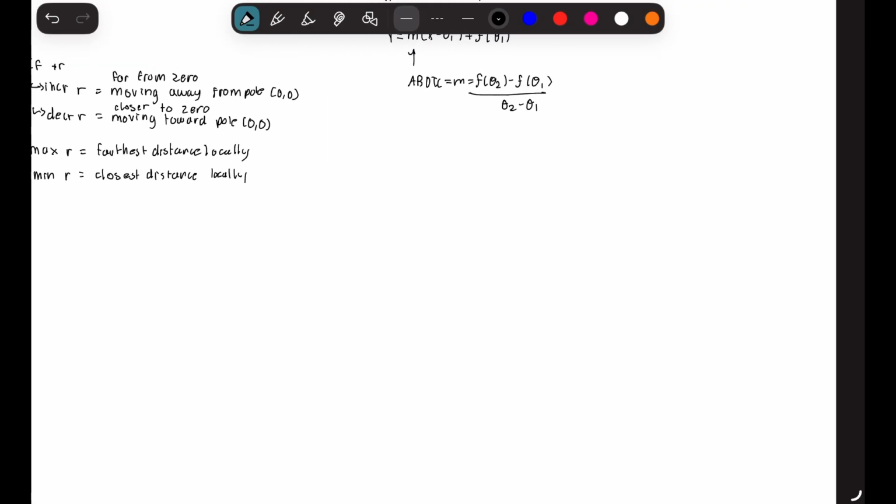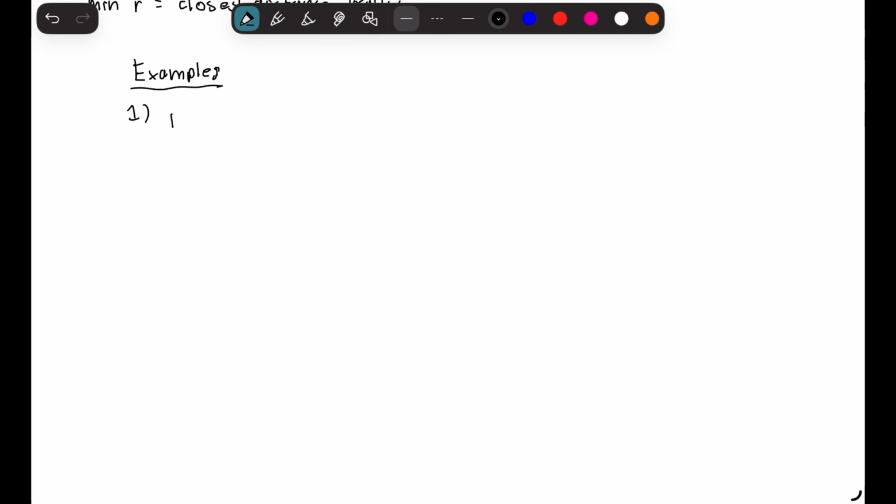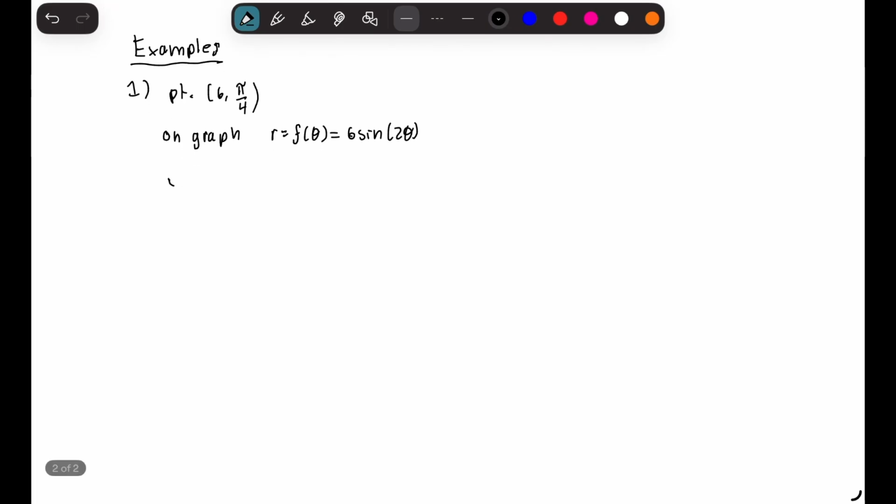So let's do a practice problem with this. Let's say that we have a point at 6 pi over 4 that is on the graph of r equals f of theta, which is 6 sine 2 theta. And we want to know the r value when theta is equal to 0.789.